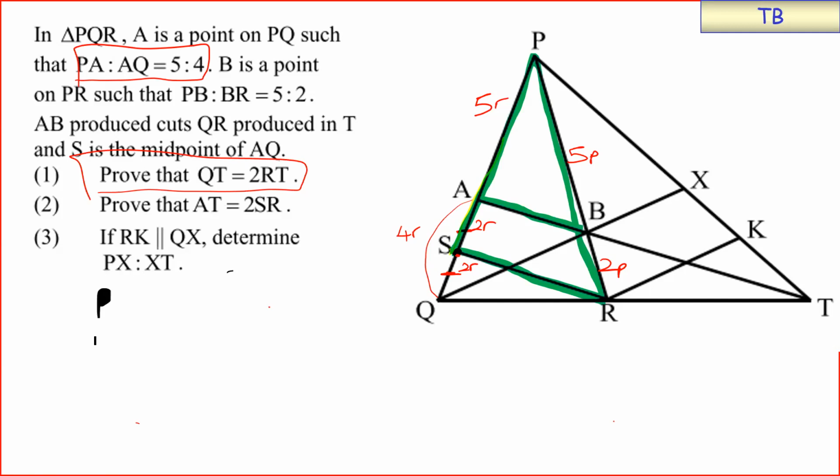So we can say that PA over AS, agreed, is actually equal to 5/2. Would you agree with that?